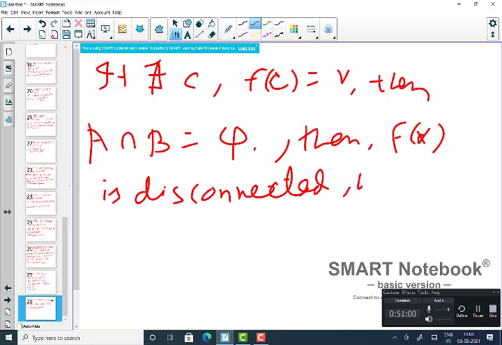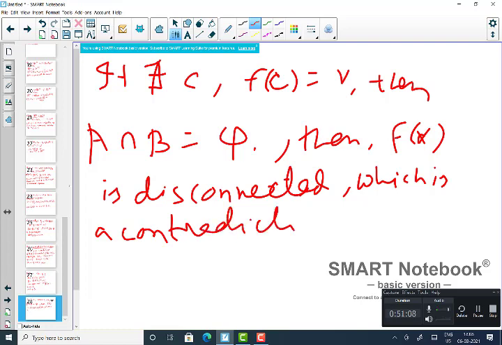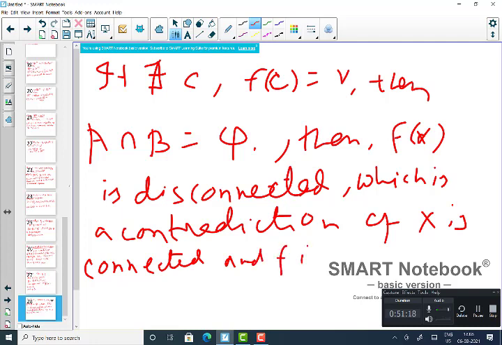So this is a contradiction, as X is connected and f is continuous.